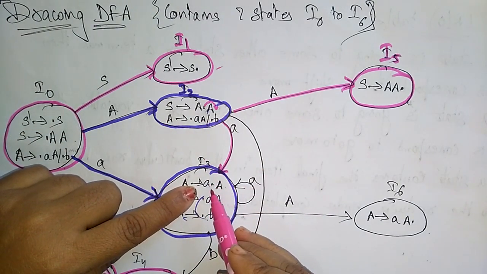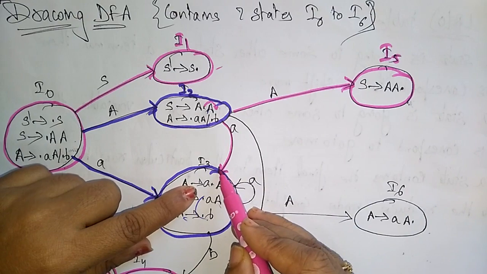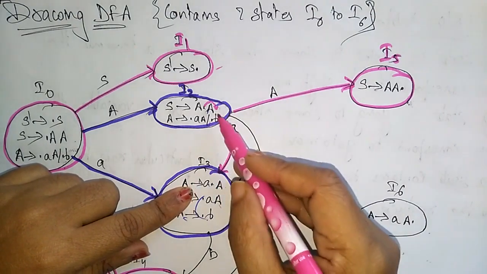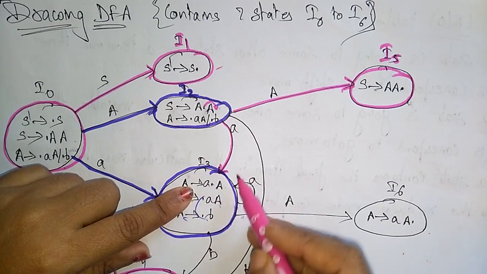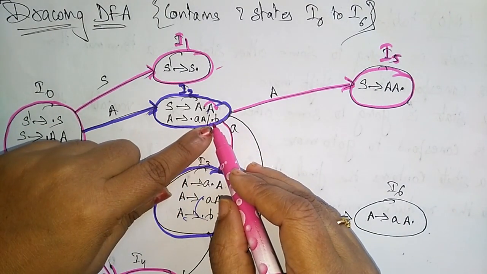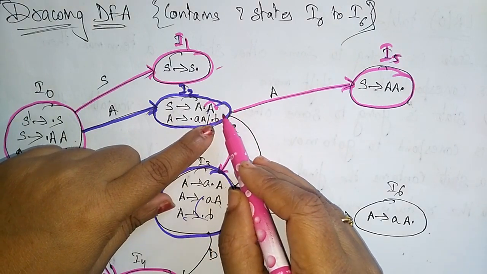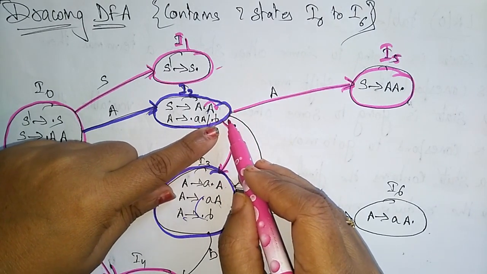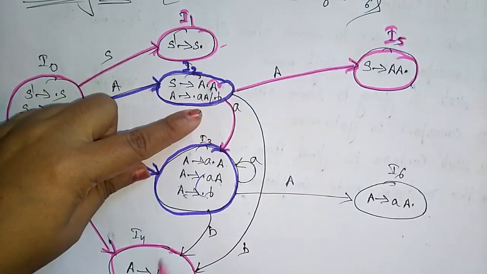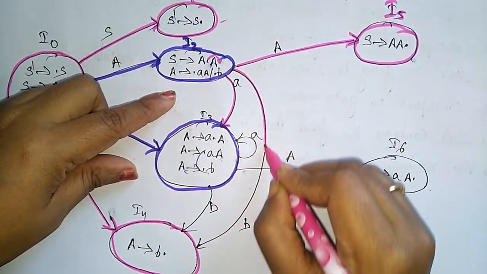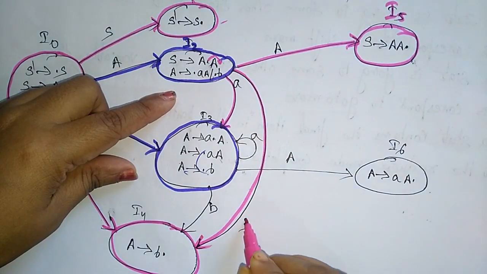If it is already written in I3, then just shift into that I3. And now coming to dot B. On B, A determines B dot. A determines B dot is already in I4. So just shift into that I4 on B.